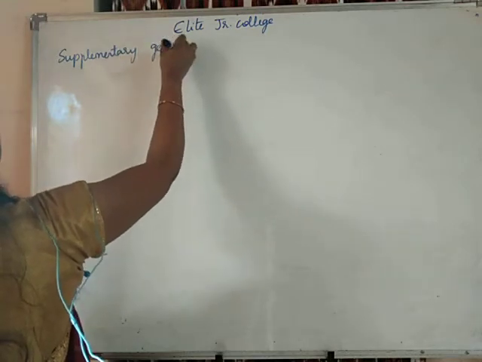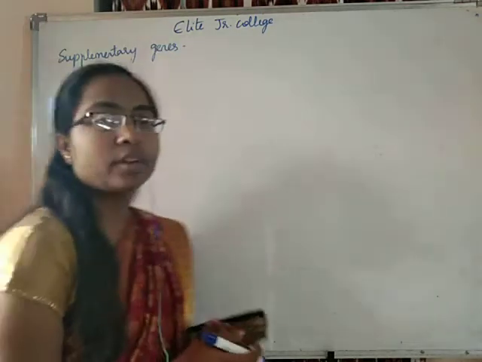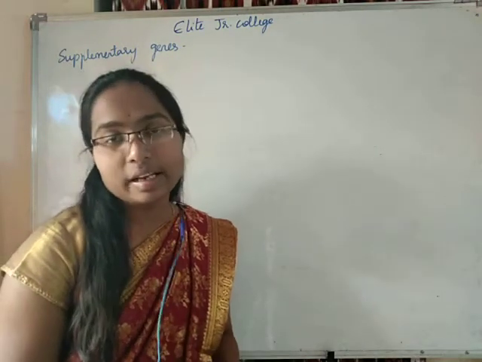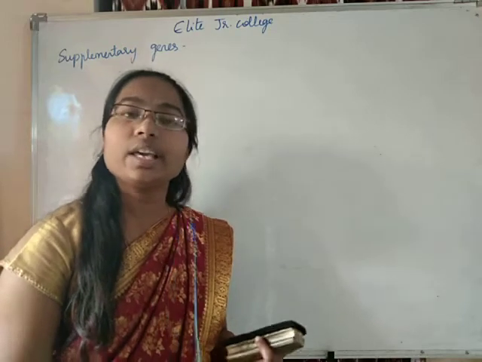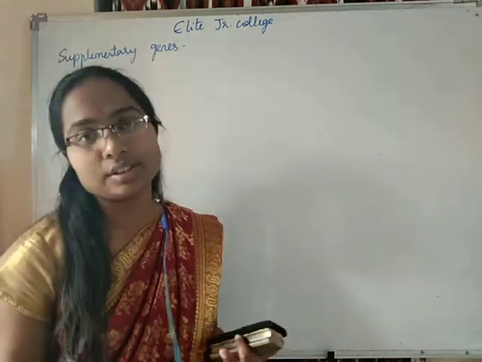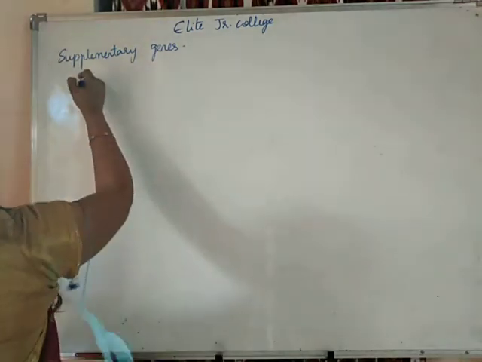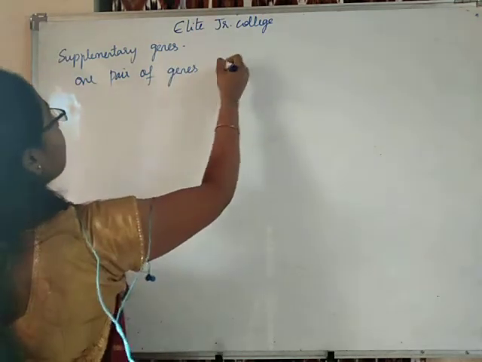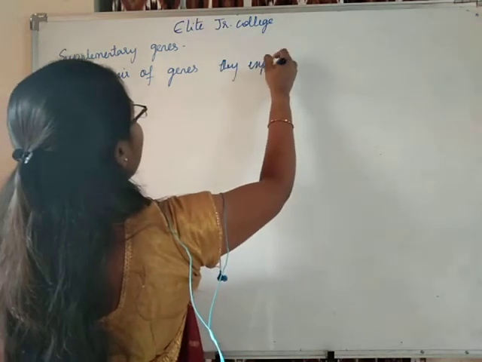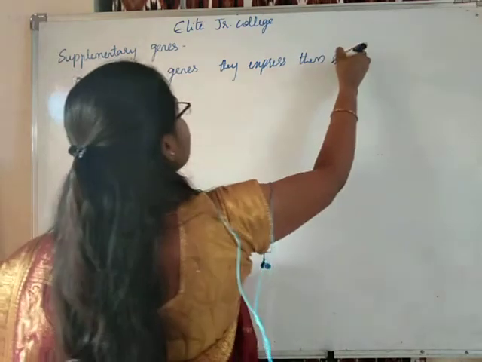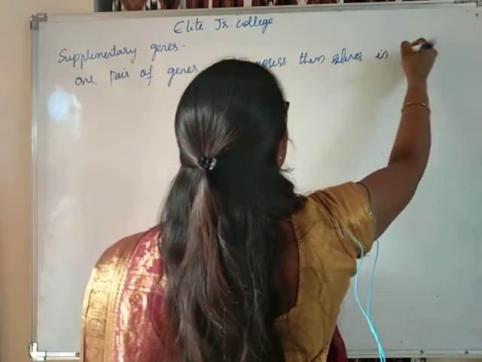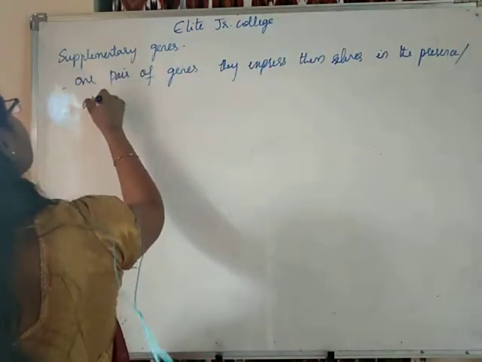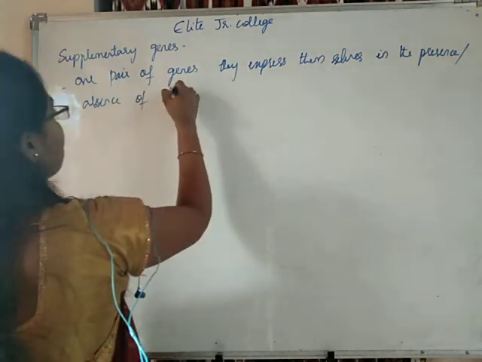Today we are going to learn about the supplementary genes. Supplementary genes are those genes in which one type of gene, one pair of genes, expresses itself even in the presence or in the absence of the other gene.